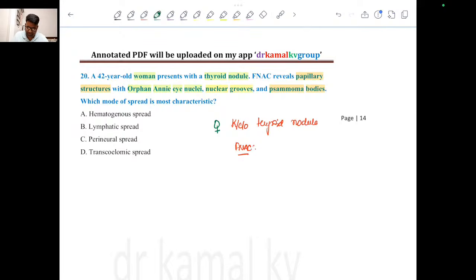Yes, yes. So there are Orphan Annie nuclei, then nuclear grooves, which are actually the folded nuclear membrane, and Psammoma bodies.